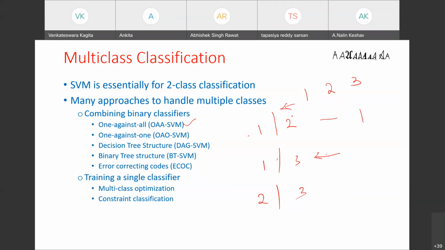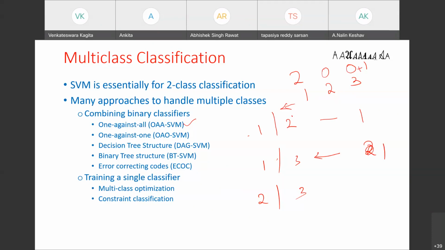Suppose this one also predicts 1, the count for 1 is 2. So class 1 has 2 votes so far, class 2 has 0 votes, class 3 has 0 votes. For 2 versus 3, let's suppose it classifies as 3. So 3 has 1 vote now. The total votes: class 1 has 2, class 2 has 0, class 3 has 1. So which label would you assign to this new instance? Class 1, because it has the majority of the votes. That is how it works.